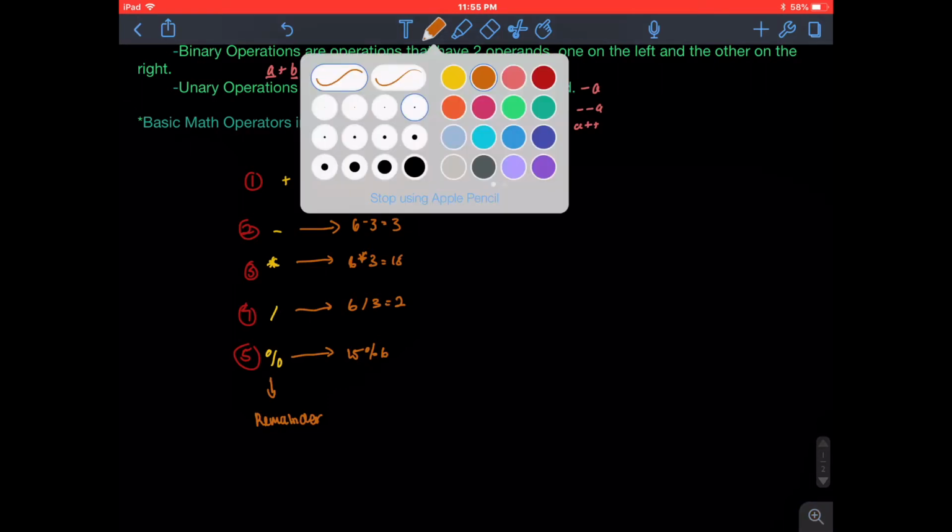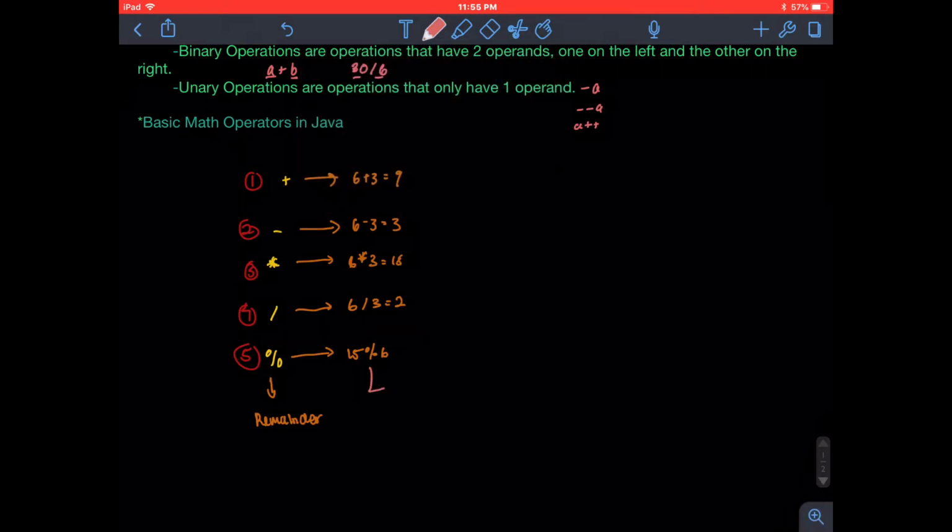How we use modulus is we simply divide the two numbers regularly as we would. So 15 divided by 6, we're going to divide it regularly. The number on the left-hand side goes inside, and the number on the right side goes on the outside, and then we simply divide them together like we regularly would.